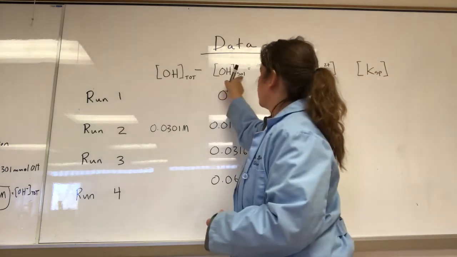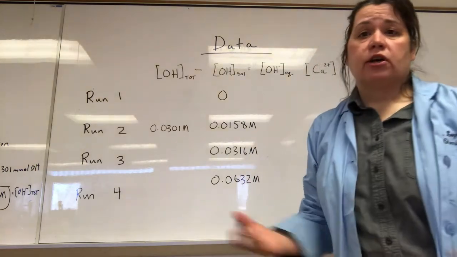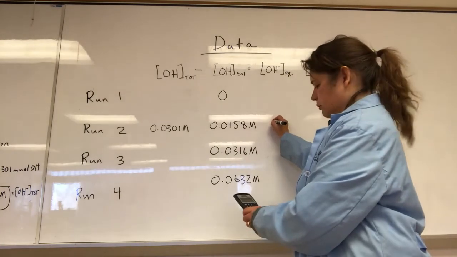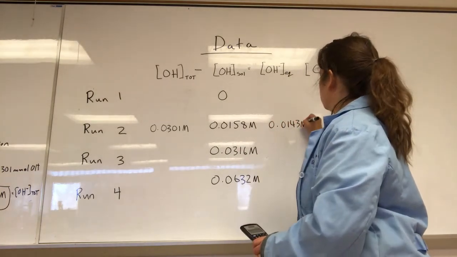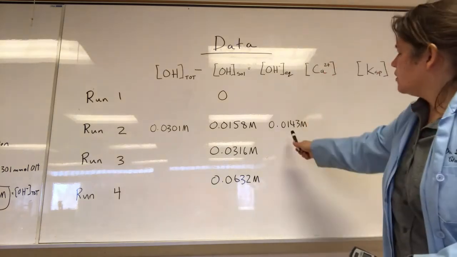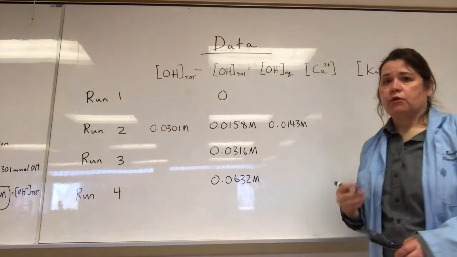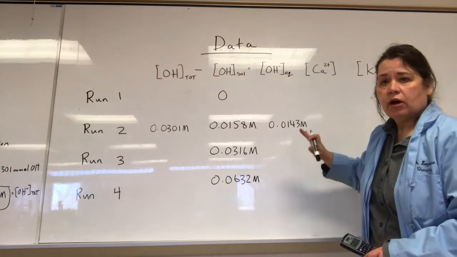So I'm going to subtract the solution from the total, and that should tell me how much calcium hydroxide basically dissolved. The number here would come out to be 0.0143 molar. Now, this came from the equilibrium. So we know the calcium we've already discussed will be provided at half the amount of the hydroxide.